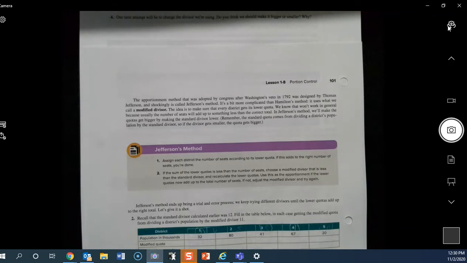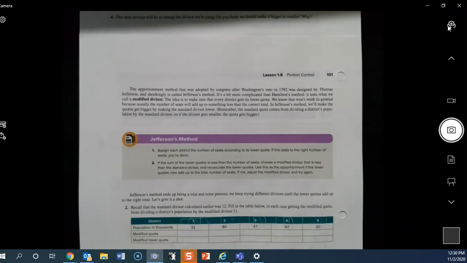So now we look here at Jefferson's method. Number 1, it says assign each district the number of seats according to its lower quota. If this adds to the right number of seats, you're done. Number 2, if the sum of the lower quotas is less than the number of seats, choose a modified divisor that is less than the standard divisor and recalculate the lower quotas.